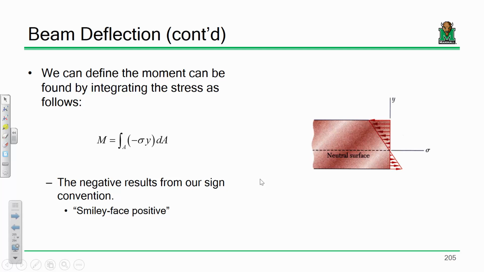Now, the only thing that might seem a little weird is, well, Dr. Mike, why do you have a negative in there? Well, the negative sign, in a nutshell, comes from our sign convention. When we draw moment diagrams, we're using a sign convention that's really easy to follow. With the shear diagram, if you have positive area, you draw it up; if you have negative area, you draw it down.